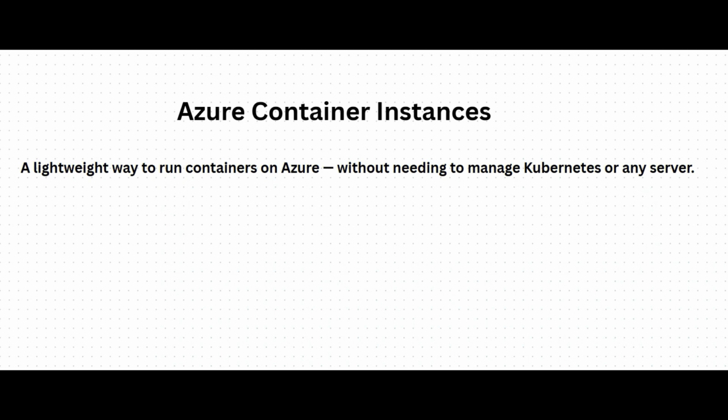And then Azure Container Instance. Azure Container Instance provides a lightweight and serverless way to run containers in the cloud without managing servers like Kubernetes. Let's say you want to run a one-time script, maybe to convert a file or process an image inside a container. You don't want to set up Kubernetes or virtual machines.